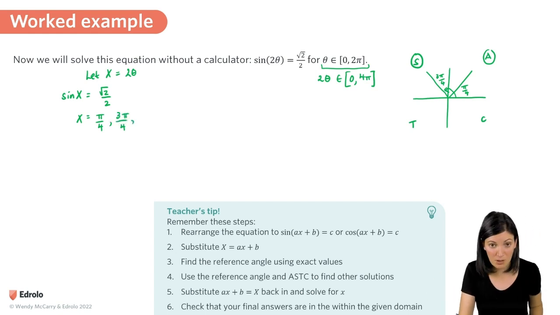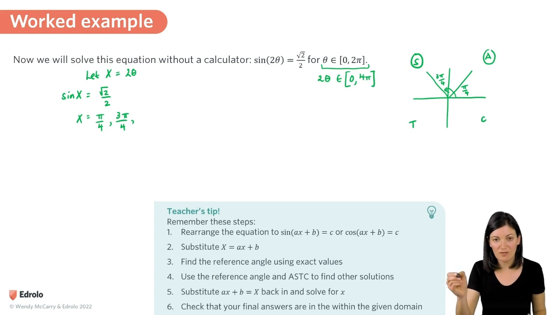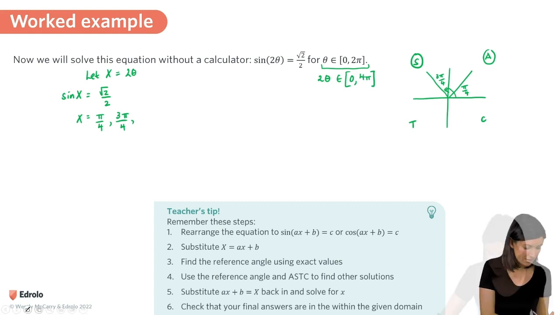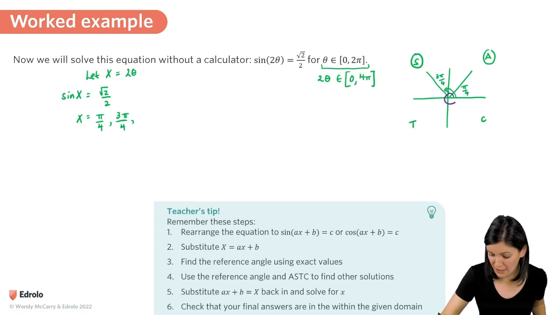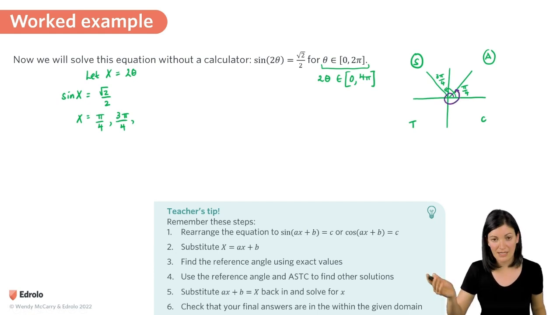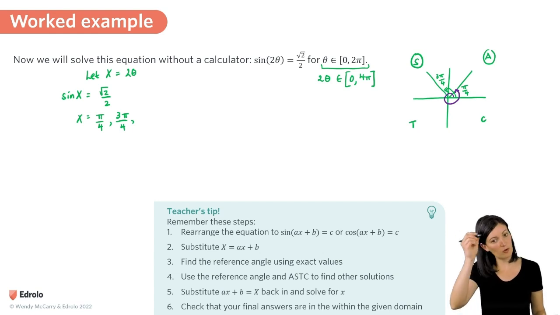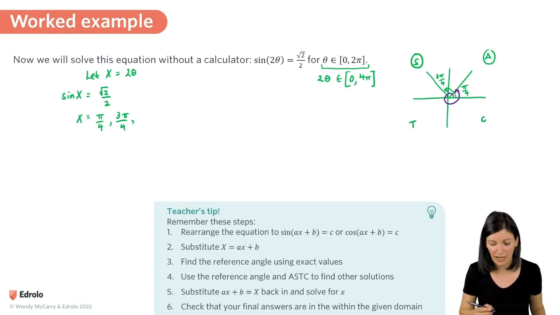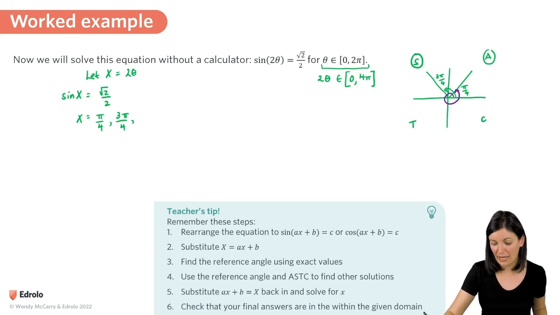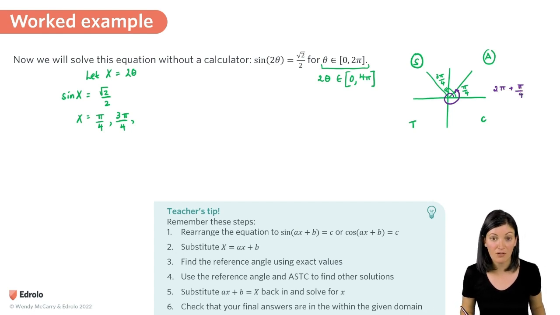Now, because I have doubled my domain, I actually have to go through now to 4 pi. So what happens here? So this is 2 pi. I can keep going here to get another angle now, because remember 4 pi is going to be like 2 rotations of the unit circle. So this first purple angle that I've drawn in here, this is actually 2 pi plus my base angle, plus pi on 4.